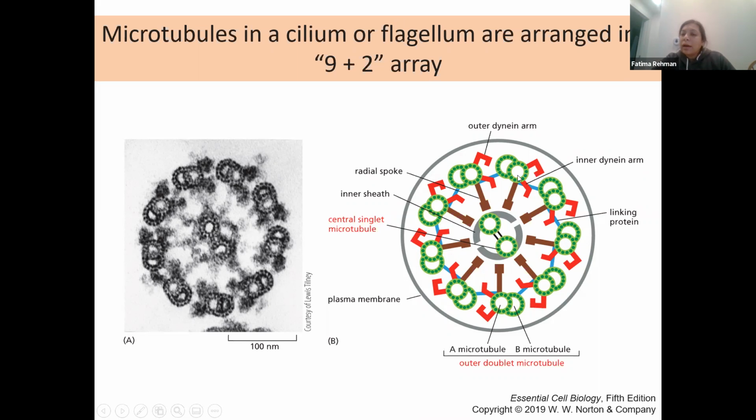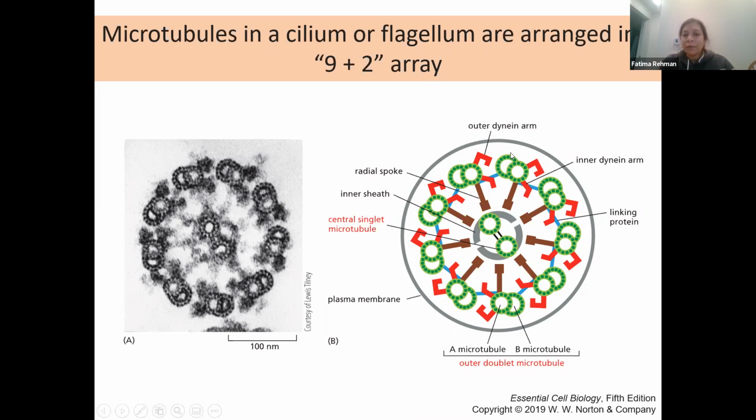And then within each one of these doublets, you will notice that there are 2 dynein arms. So dynein is another one of those motor proteins that attaches to microtubules. One of them is going to be facing towards the outer side of the microtubule. It's called the outer dynein arm. And the second one is the inner dynein arm that's towards the inside.